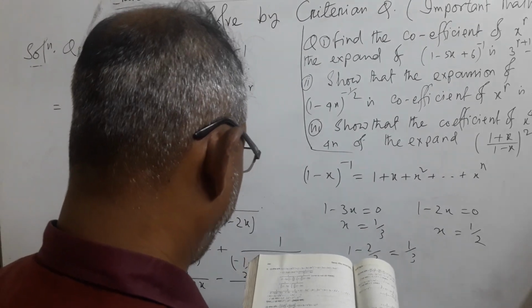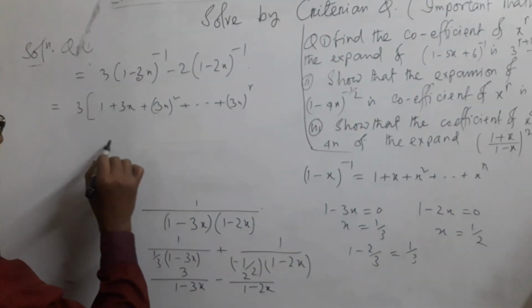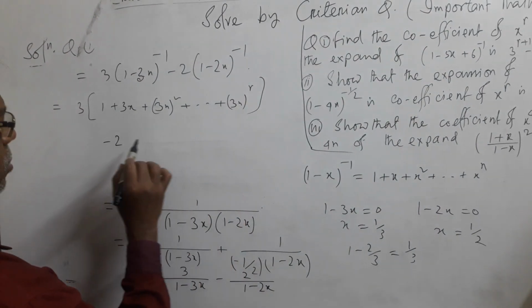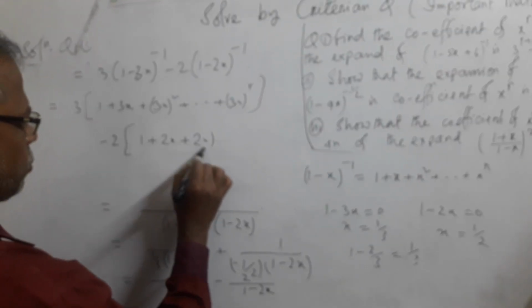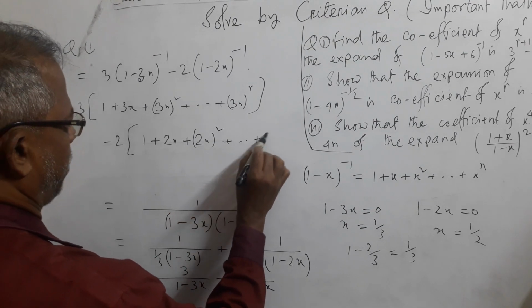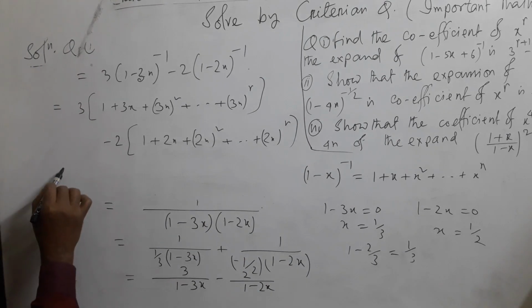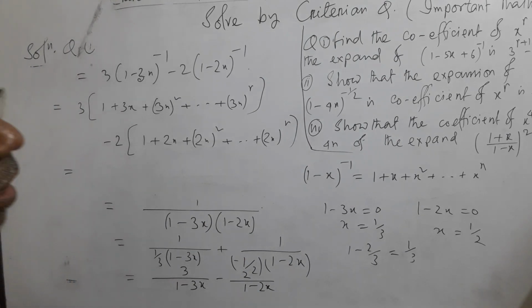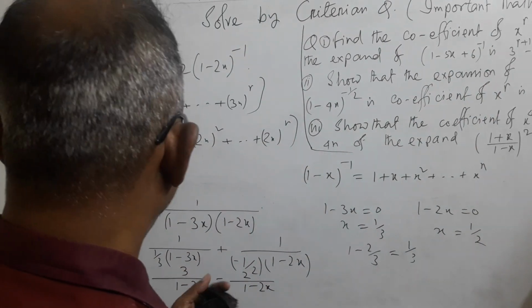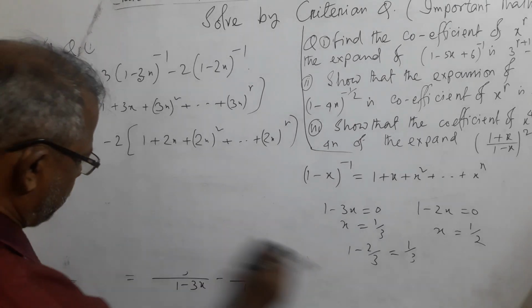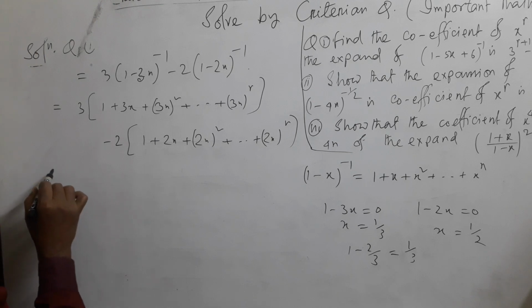You have to apply this formula. Then minus 2 into (1 plus 2x plus (2x) whole square plus up to (2x) to the power r). We have to find the coefficient of x to the power r.